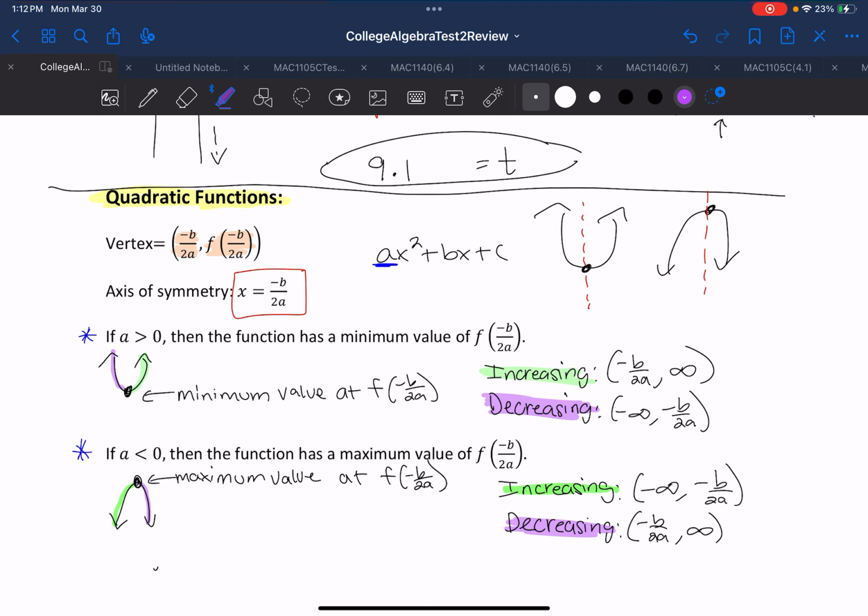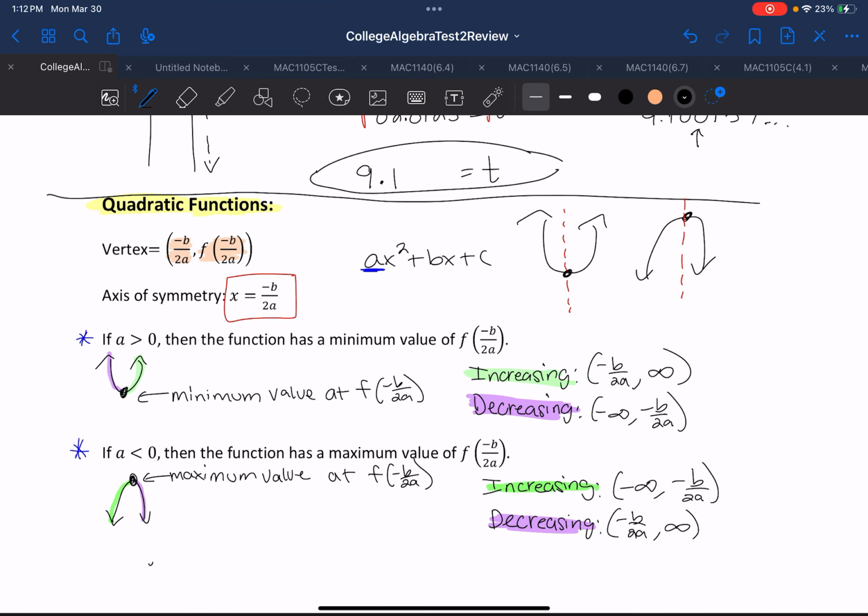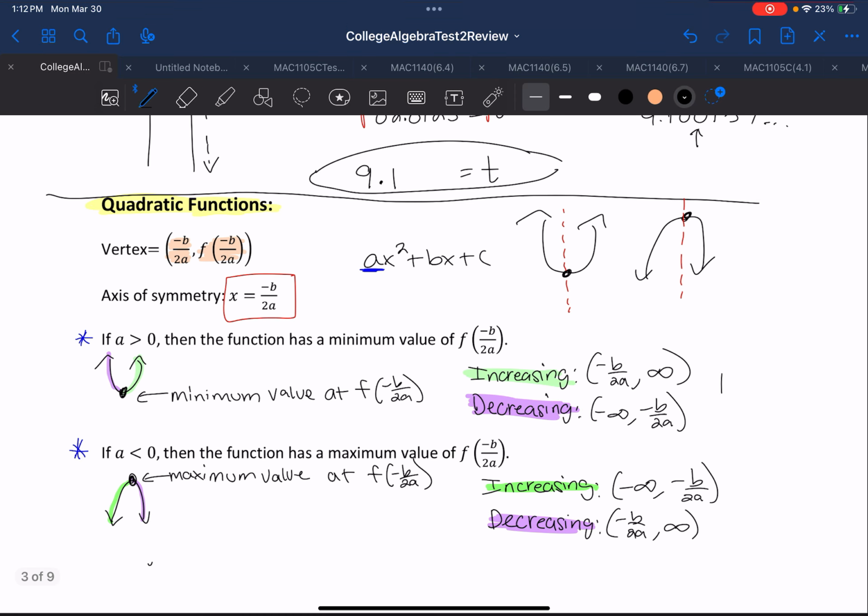And of course, the domain of both of these is just negative infinity to infinity. And the range of the first case, when we have our parabola opening up, will always start at the y value of our vertex and go to positive infinity.